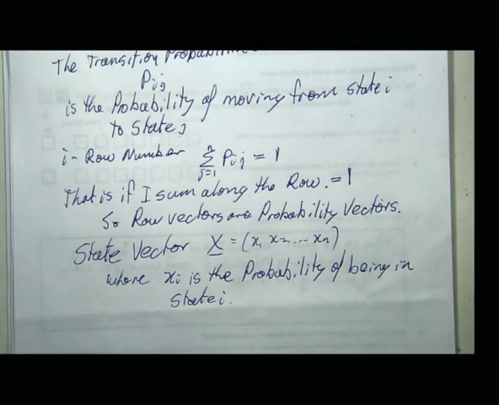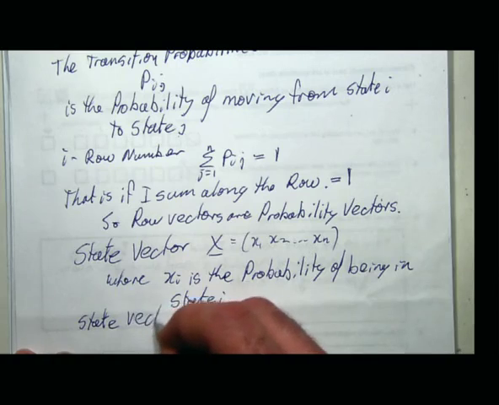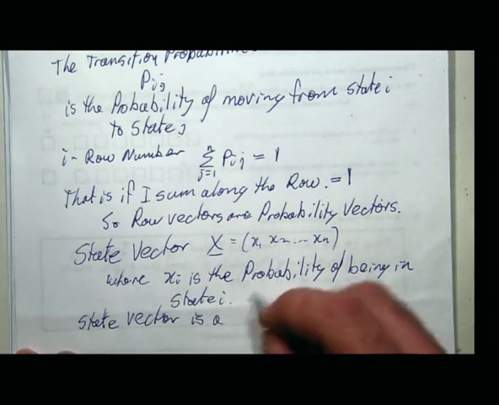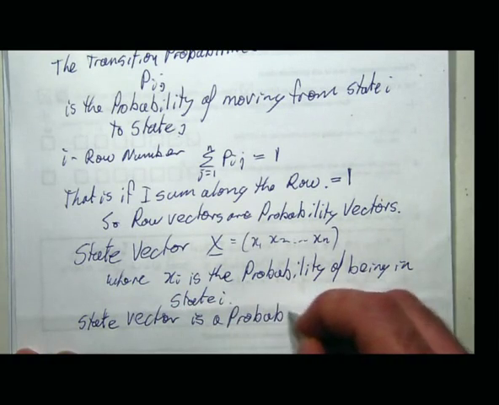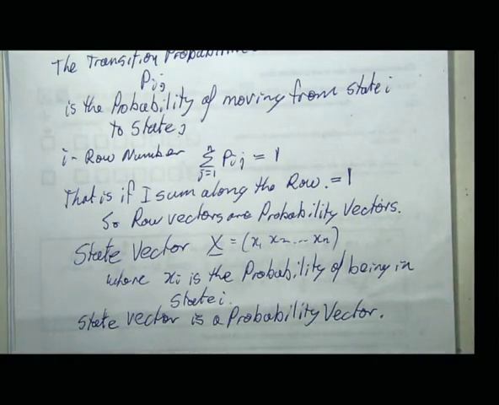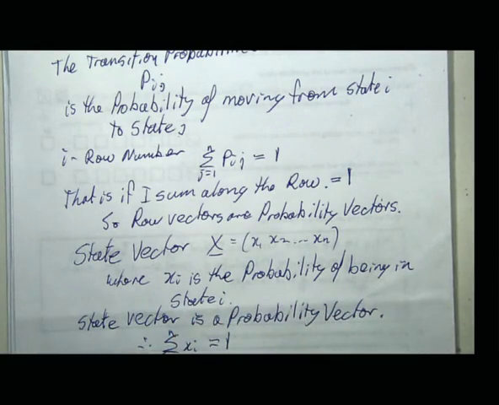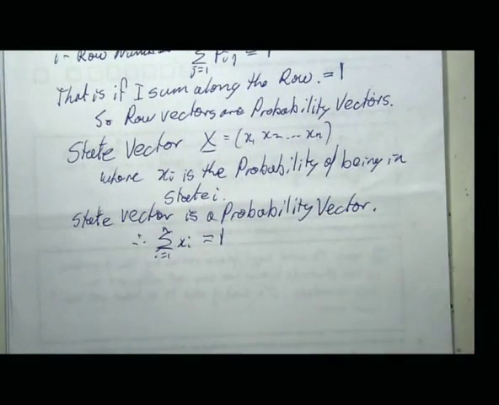Again, it's a probability vector, so the sum of my xi's is going to be equal to 1. This is the basic information.